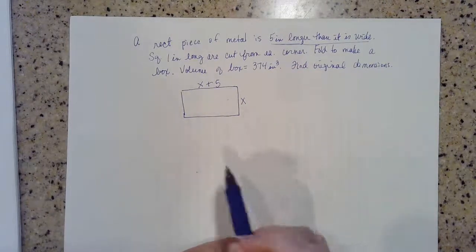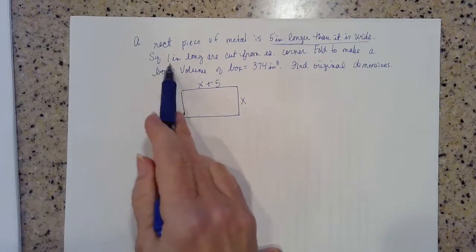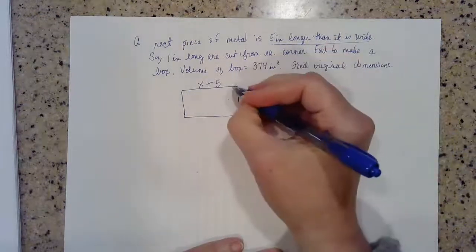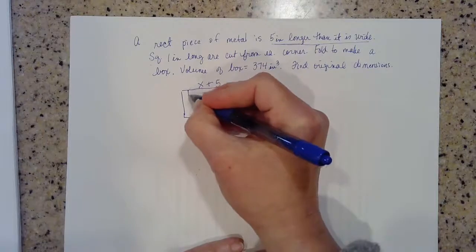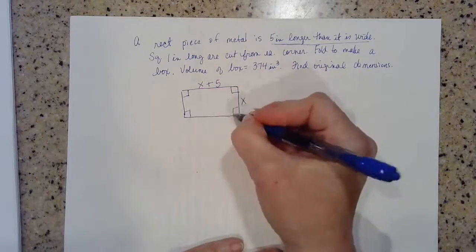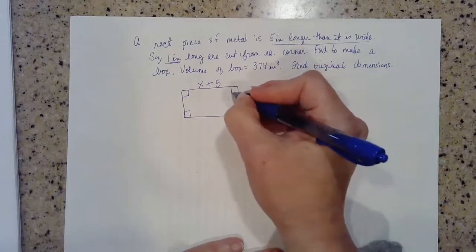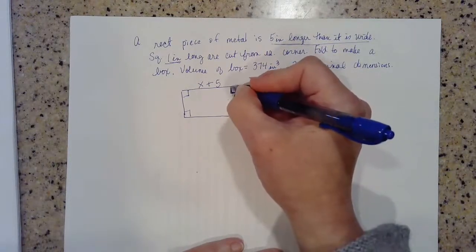Then the next sentence tells us we're going to cut squares that are 1 inch long from each corner. So we're going to clip out the corners from this rectangle. In our example I'm doing 1 inch. Yours may be different, but it's 1 inch in, and it's a square, so it's 1 inch all the way around.